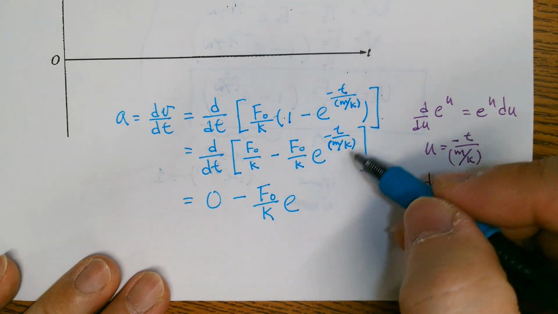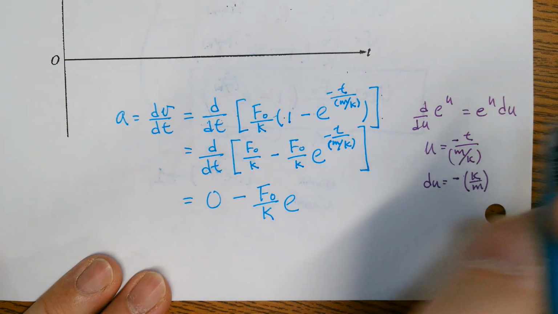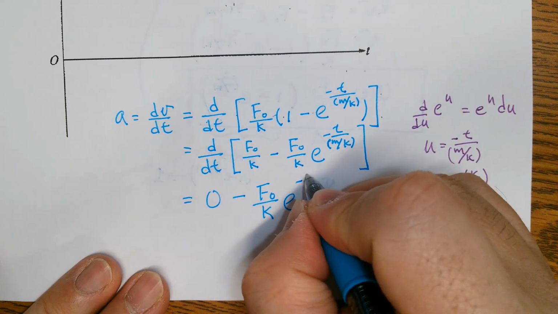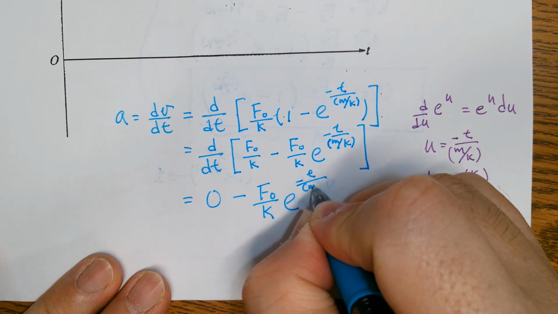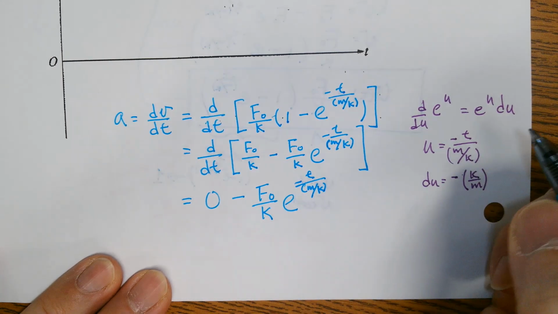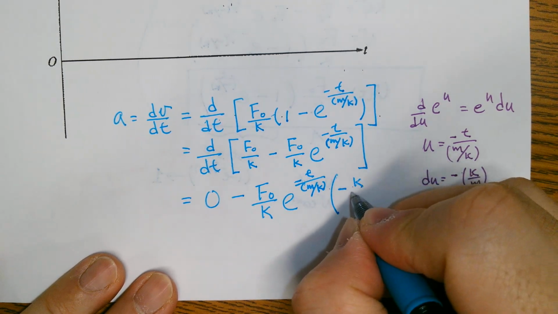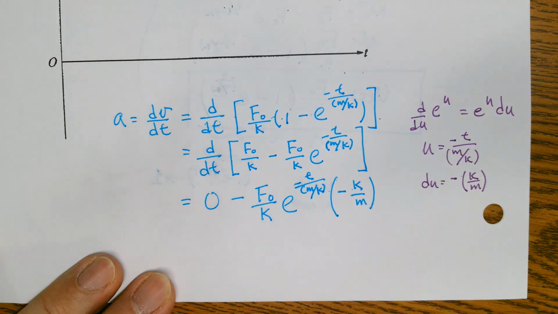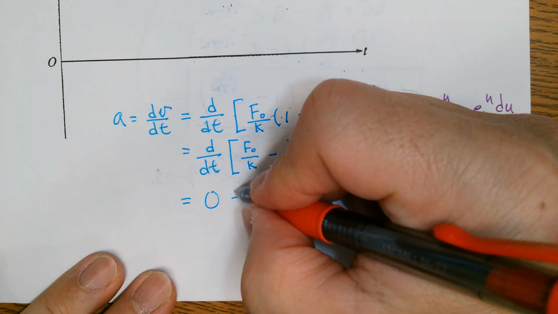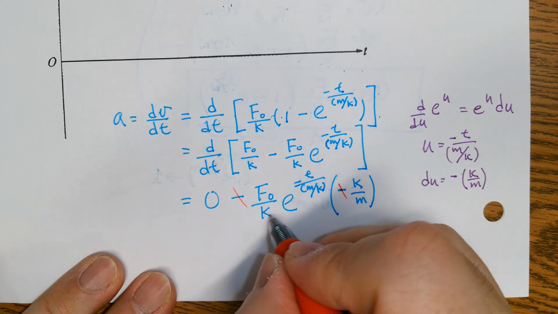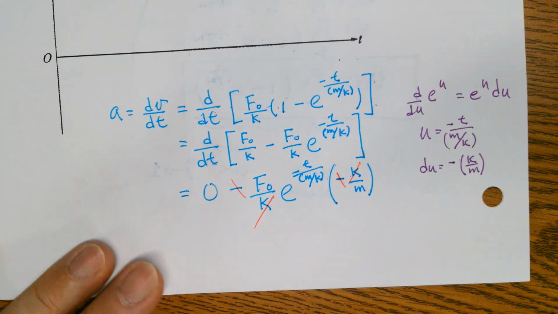You have to take a derivative of this, and it is e to the u du. So negative t over m over k times du, which is negative k over m. Notice how these negatives cancel out nicely, and the k will cancel out here.